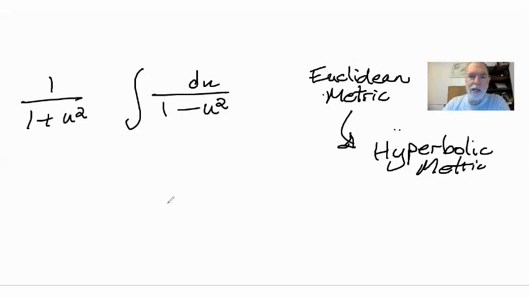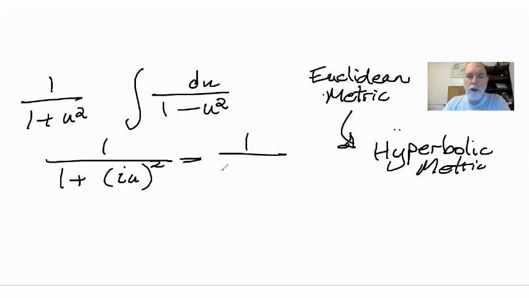And to do that, we're going to replace u with iu, and that's the thing that we're going to square. And we end up with 1 over 1, squaring the imaginary component just gives us negative 1 u squared. So that's why we get to integrate this.